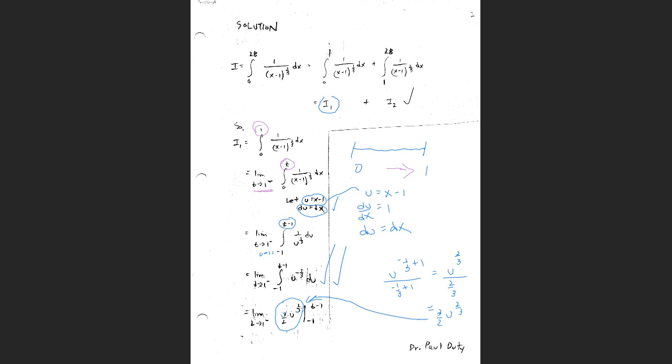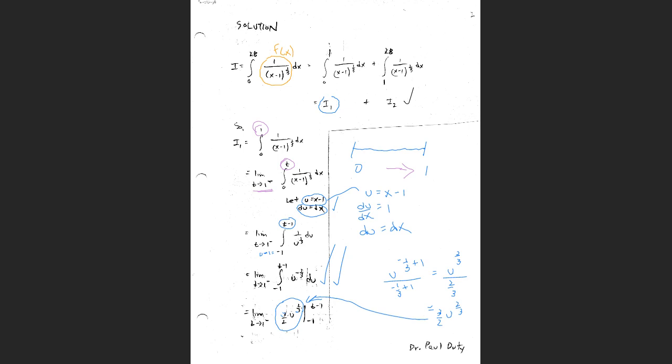Question. So my question was, how do we know which number, B or A in the interval, do we put in the limit? Well, our function here was 1 divided by x minus 1 to the third power.